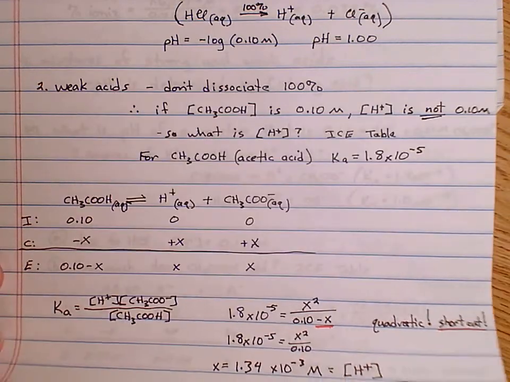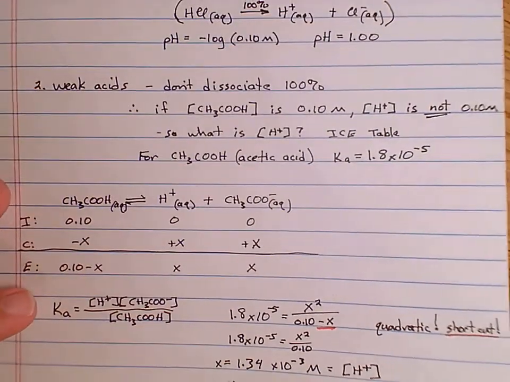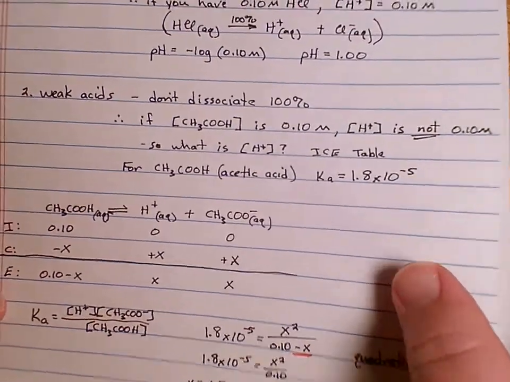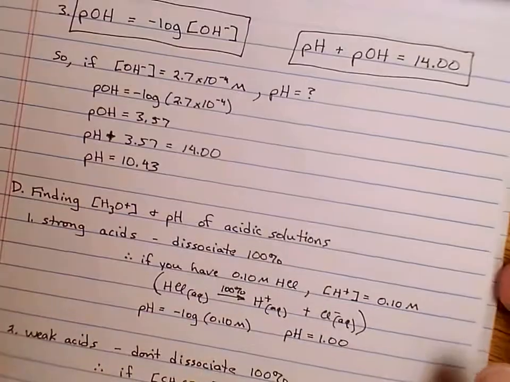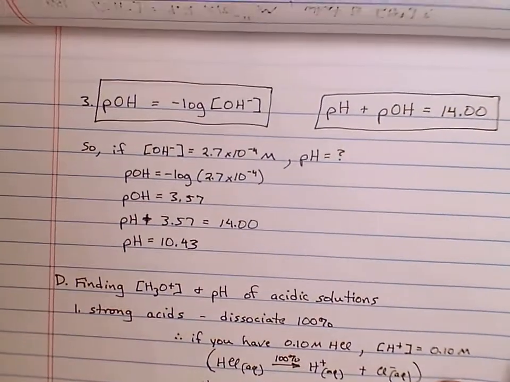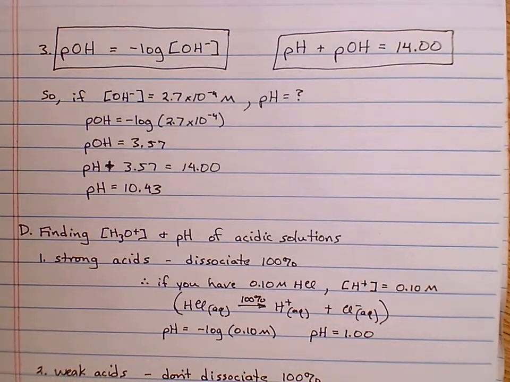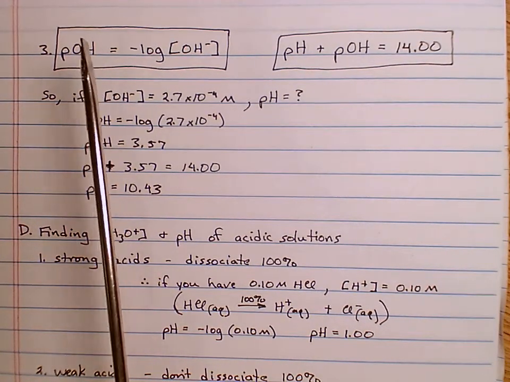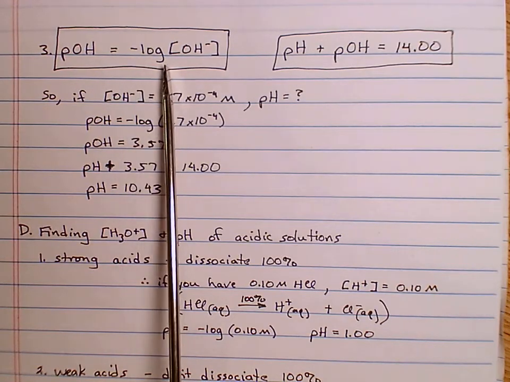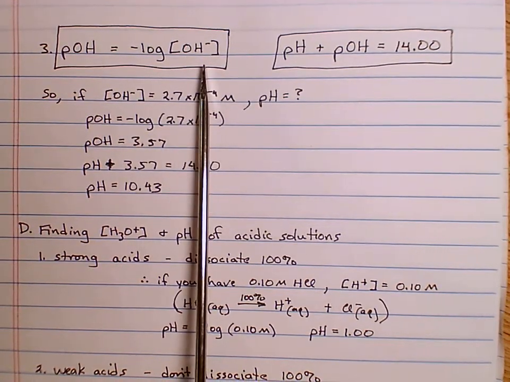Okay. It turns out there can be a slightly easier way to do these problems because, recall, pH is the negative log of the concentration of H plus. There's another term, pOH, which is the negative log of the concentration of OH minus.